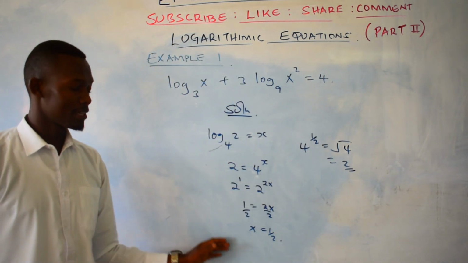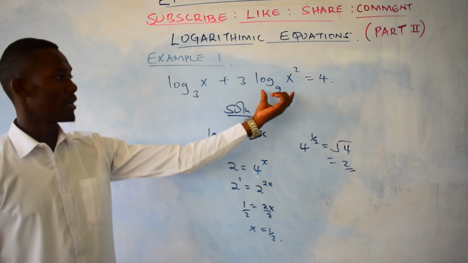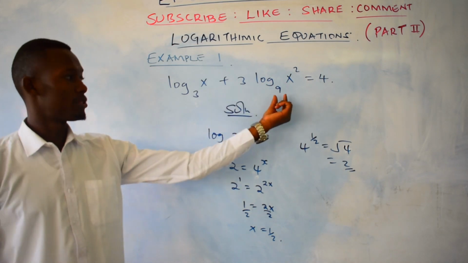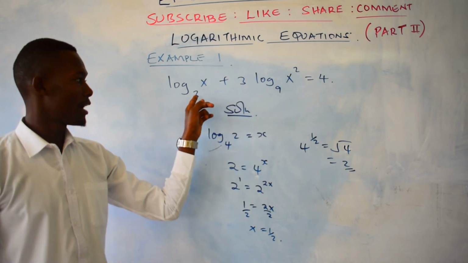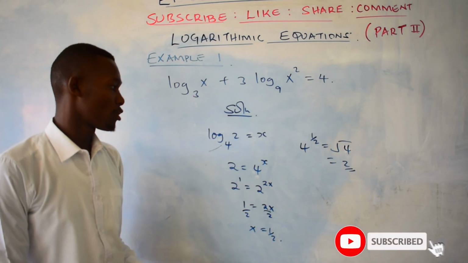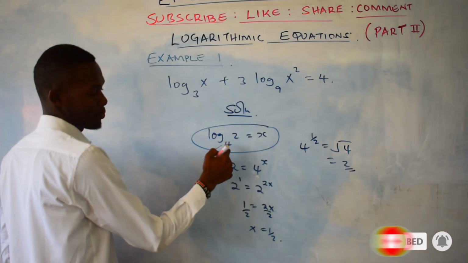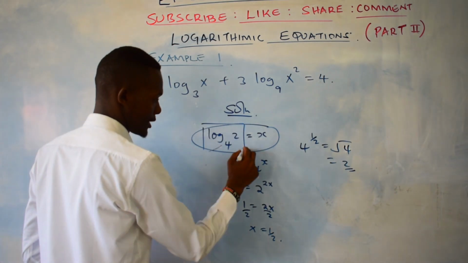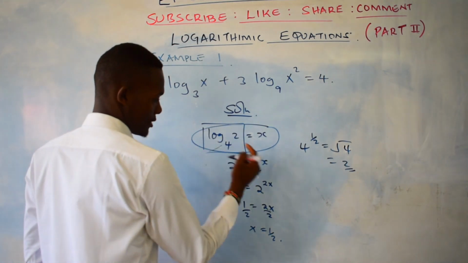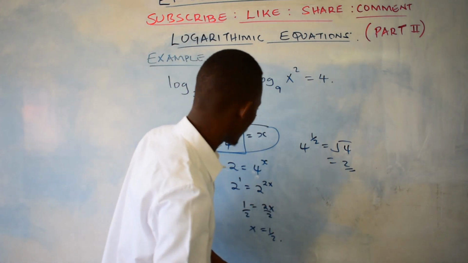You can see this relationship from what we learned before, and that is what we're going to use here to change this base to become a base of 3. Let's check one thing.